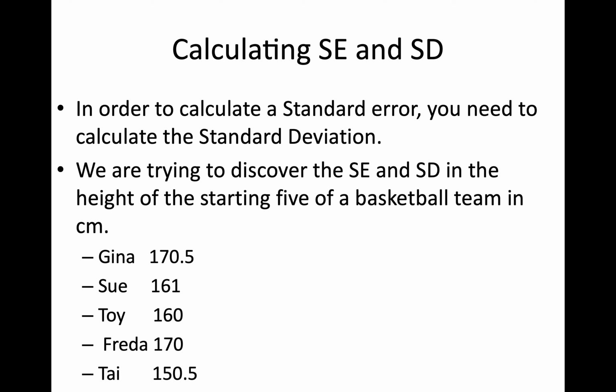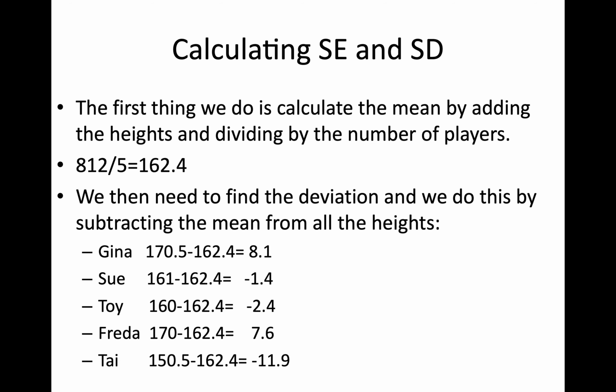In order to calculate a standard error, you need to calculate the standard deviation. We are trying to discover the standard error and standard deviation in the height of the starting five of a basketball team in centimeters. Gina is 170.5 centimeters, Sue is 161, Toy is 160, Freda is 170, and Ty is 150.5 centimeters.